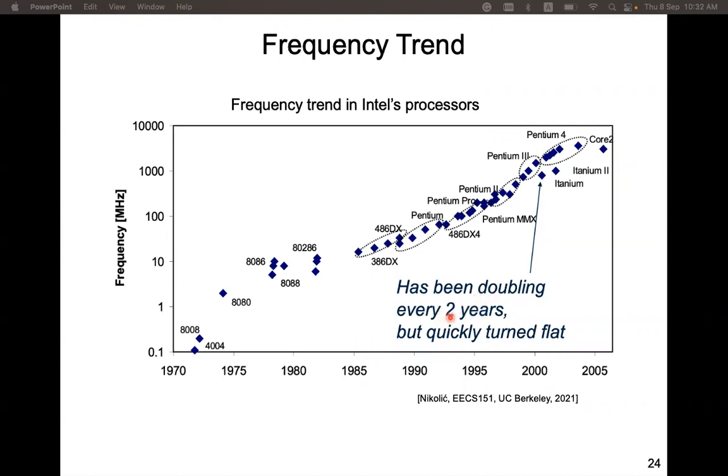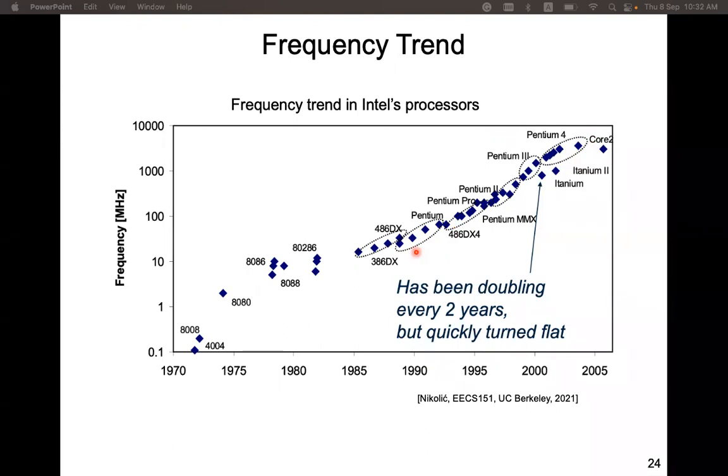It's roughly doubling every 2 years. But this trend turns flat in around 2003, 2004, for some reason.